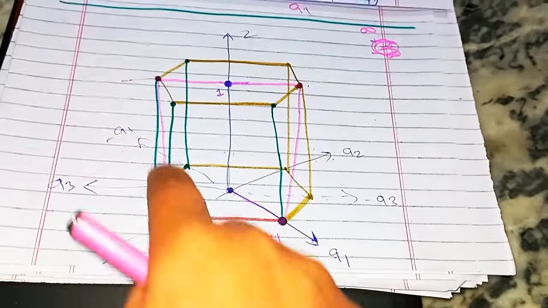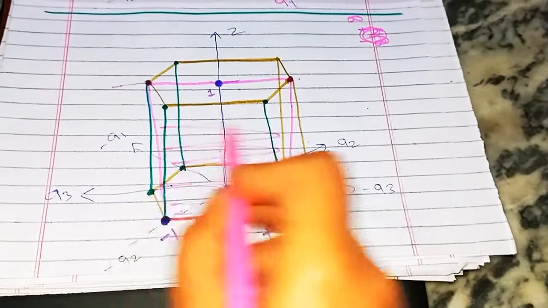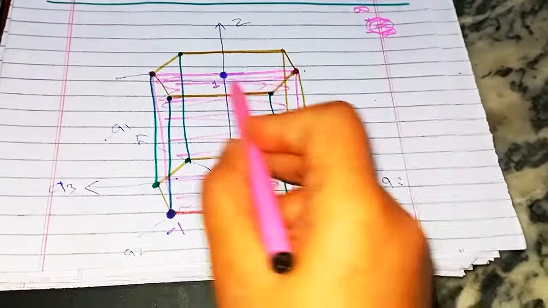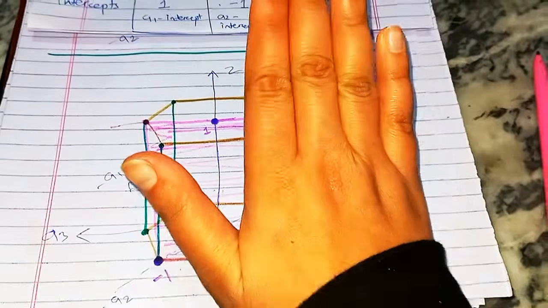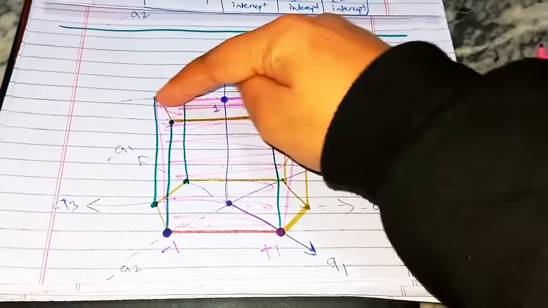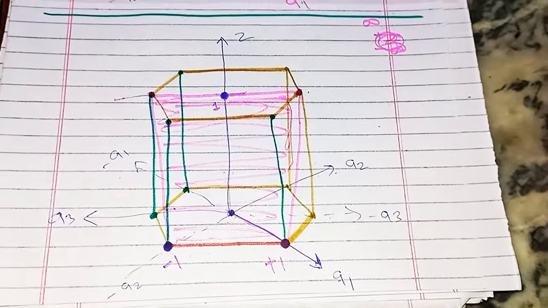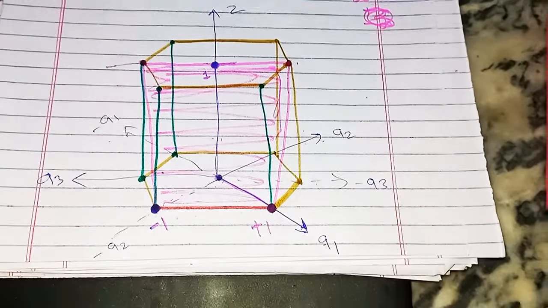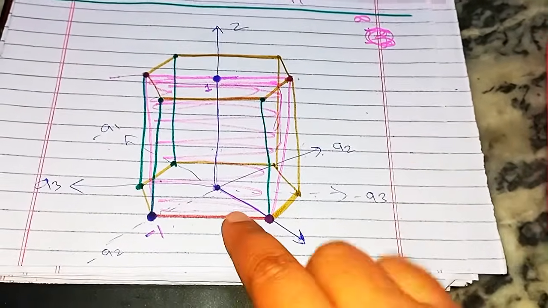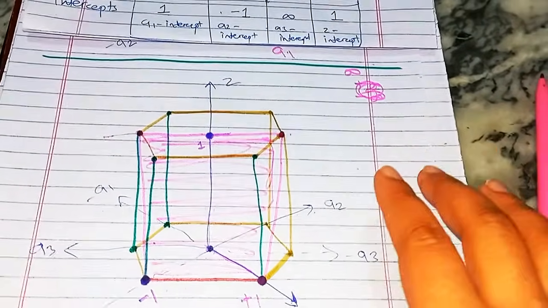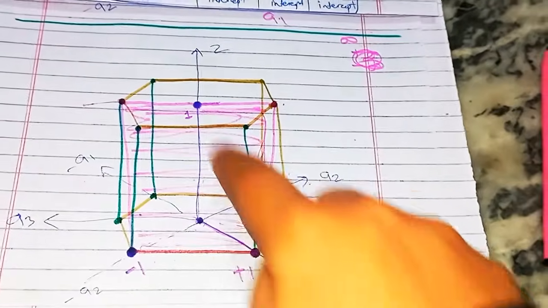This is the plane. It's like that, like that, from center to like that. I hope you can imagine it, and you don't need to imagine it because you have drawn it the correct way. So I hope you are clear with the steps: find the intercept points on the lattice first.